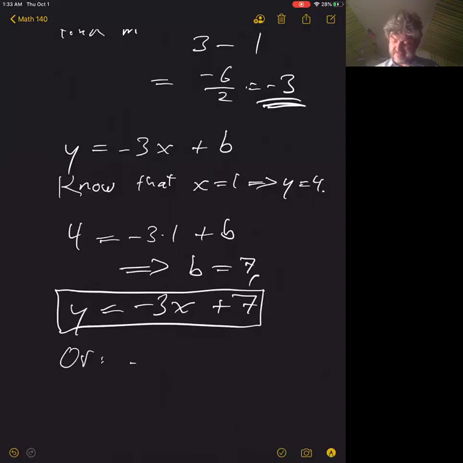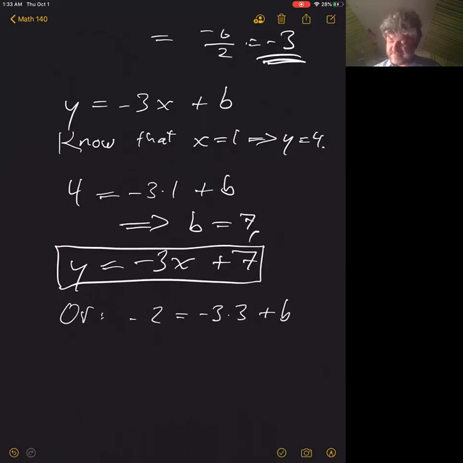Let's try that out. Negative 2 is negative 3 times 3 plus b. And it also leads to b equal to 7. Great. Mathematics is consistent. You can find the right answer in several different ways.